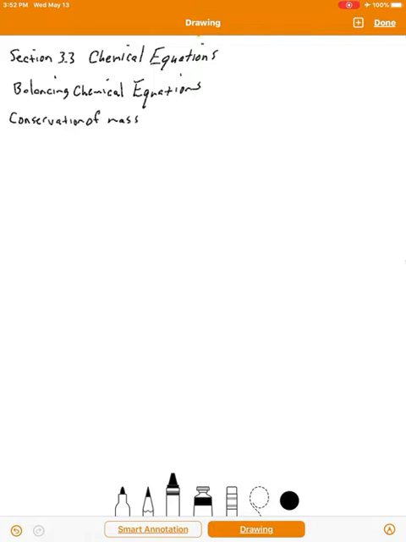It turns out that in chemical reactions, the mass of the reactants is going to equal the mass of the products. Okay? So for example, if I react hydrogen, and let's say that I have 4 grams of hydrogen, that's the mass, right? Grams.